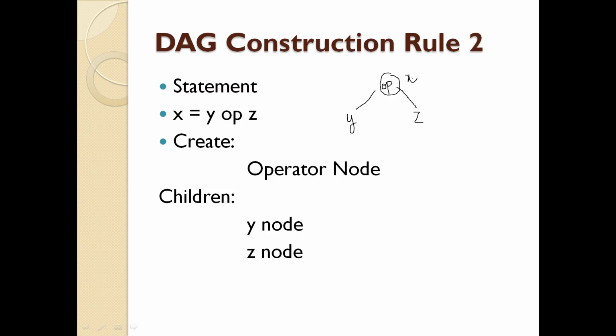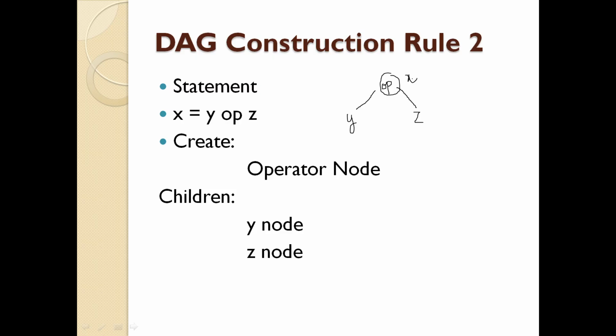So this is how you draw a DAG for a given expression. First you create nodes for the variables, which are nothing but operands on the right side, and these two are to be connected with an operator which is placed in between Y and Z. And if you notice a small point here, I have encircled the internal node, not the external nodes.